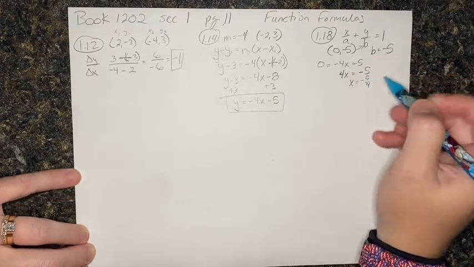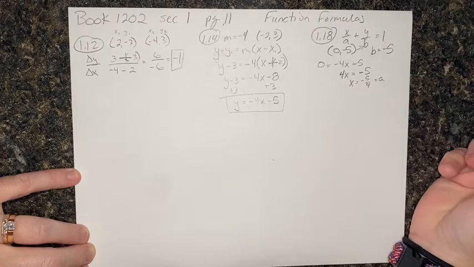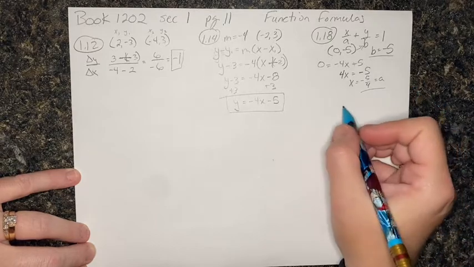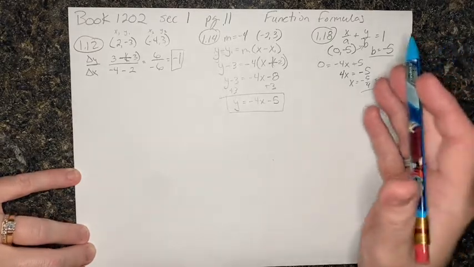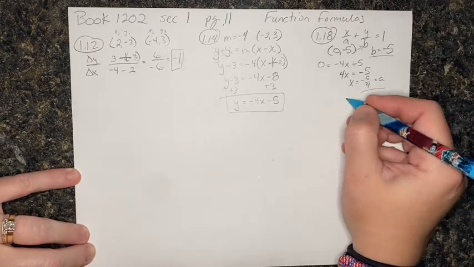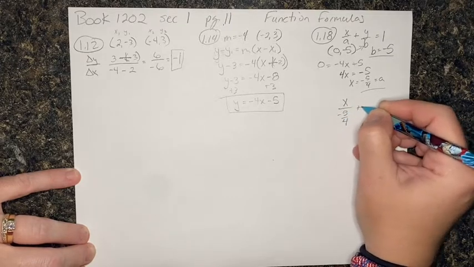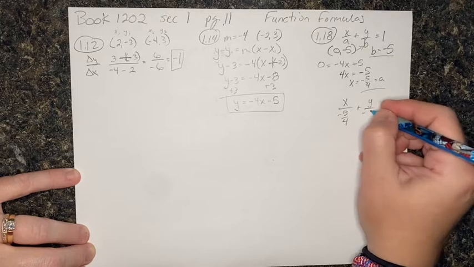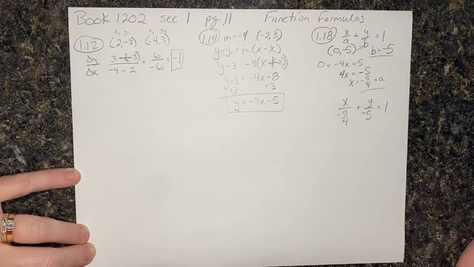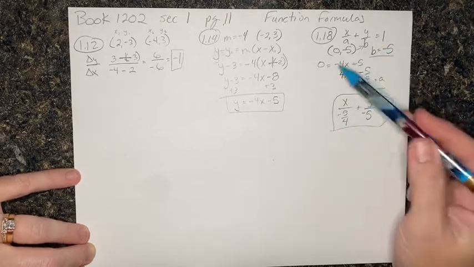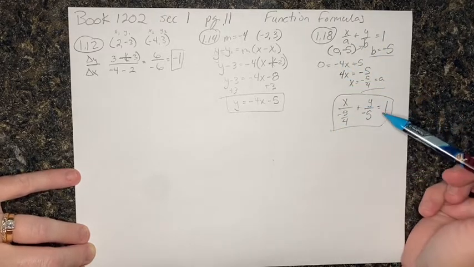Okay, this is my a. Now I can write my equation. I found my b, I found my a. So the equation written in intercept form is going to be x over negative 5/4 plus y over negative 5 equals 1. Okay, that's how we solve for our a and our b to put it into this form.